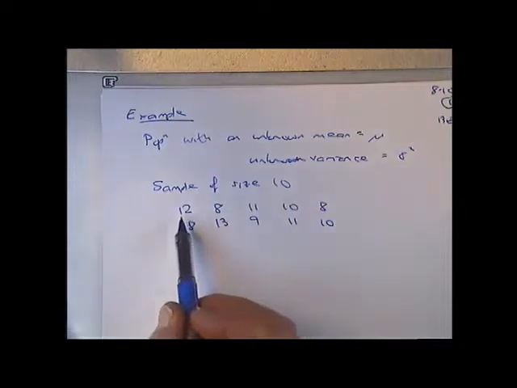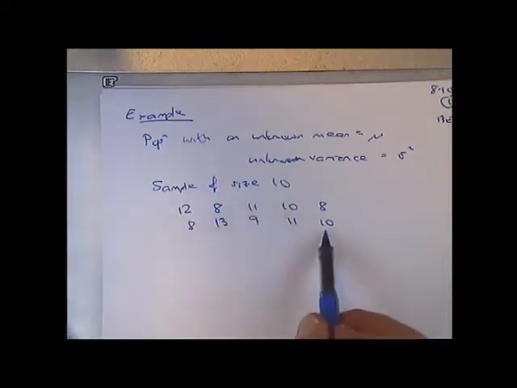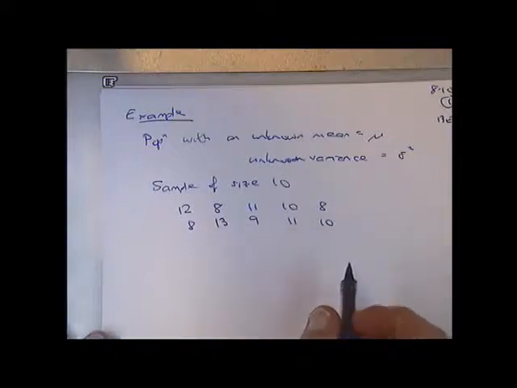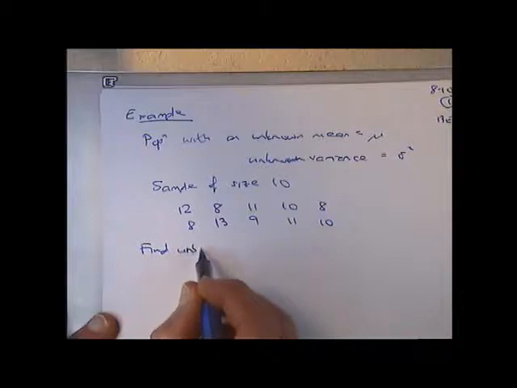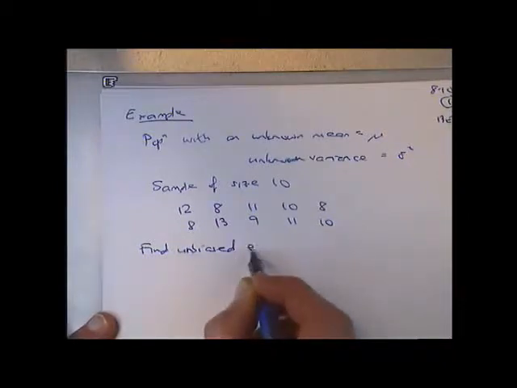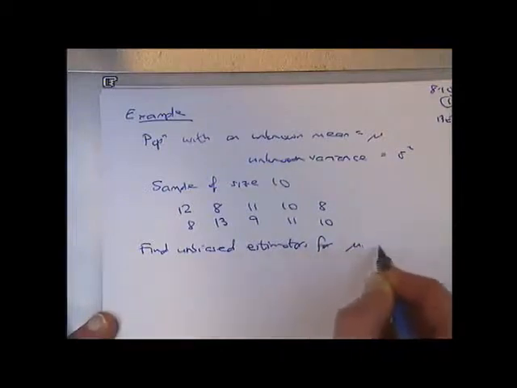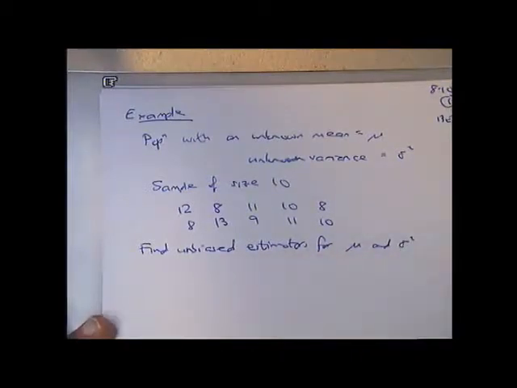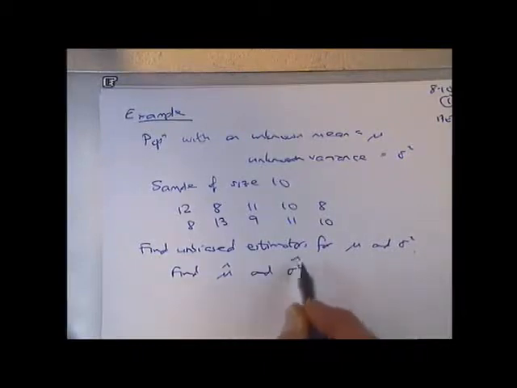If you wanted to, you could call the first one x1, that's x2, that's x3, then here that would be x10. So what we're going to do now is find unbiased estimators for mu and sigma squared. And if I use my other notation, I could say we are going to find mu hat and sigma squared hat, because that's what that means.